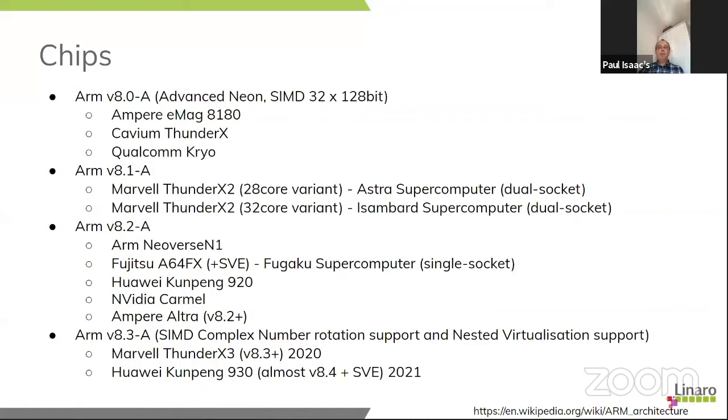Of course, you can do complex number 90-degree rotation in software, but it wouldn't be accelerated until the hardware is available to do so. So we're looking at the ThunderX3 and Kunpeng 930, which are likely to support these sort of details.